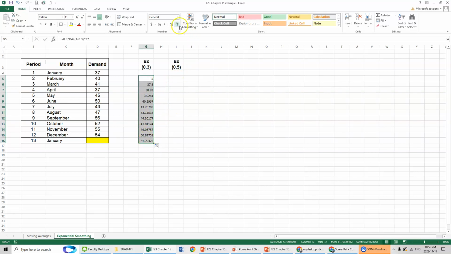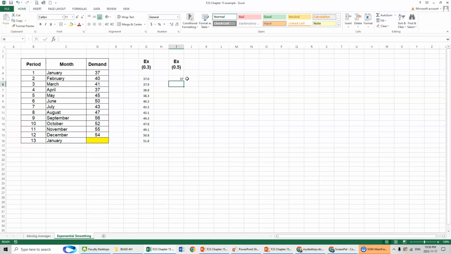And let's get rid of some of the decimals there. Something like that. So we would predict in January to have 51.9 computer items demanded here. So in our exponential smoothing method, the first forecast we do in the second time period is always going to be the previous month's demand.